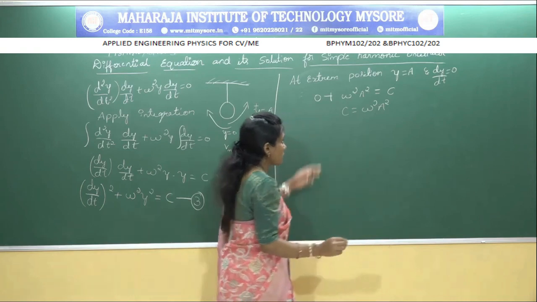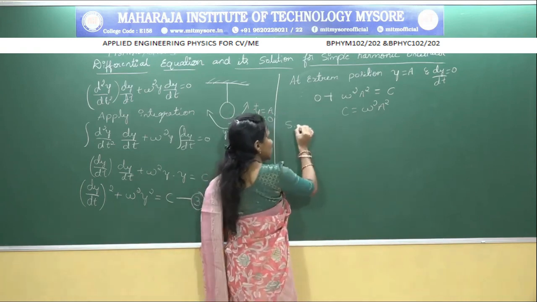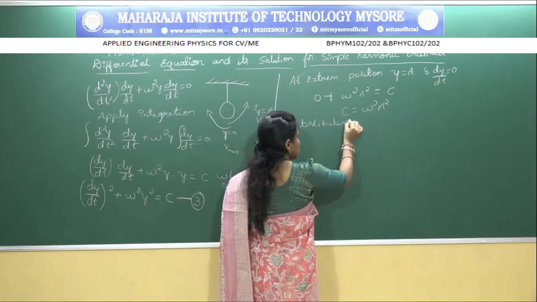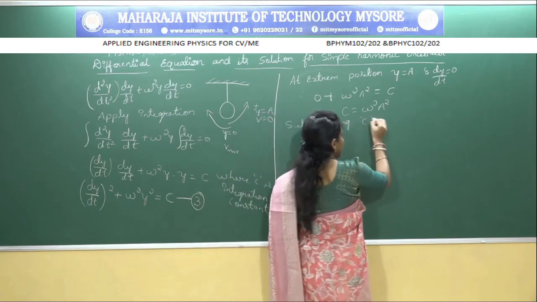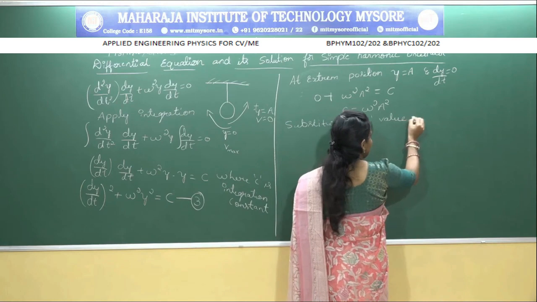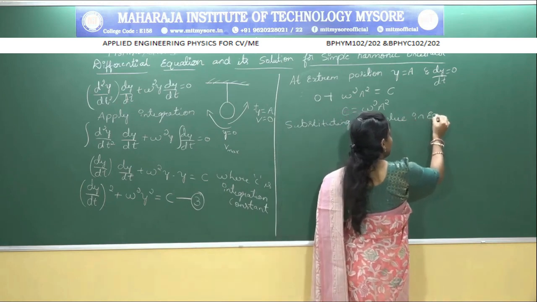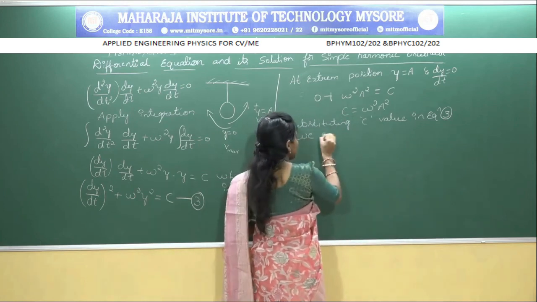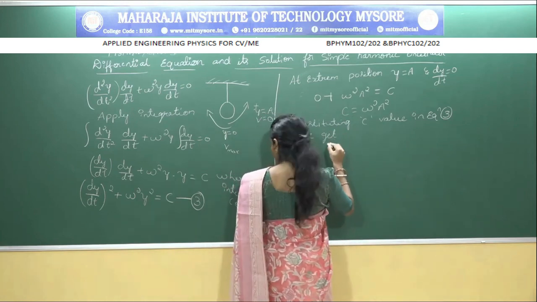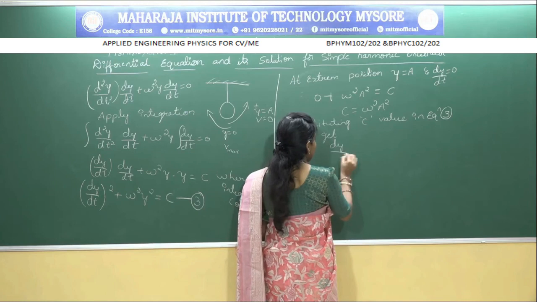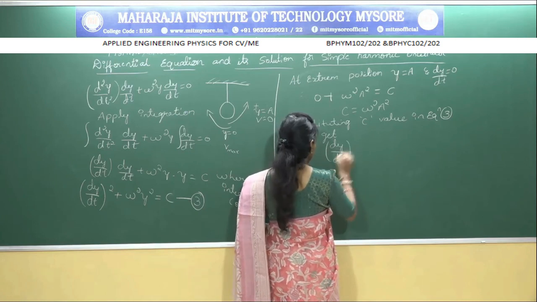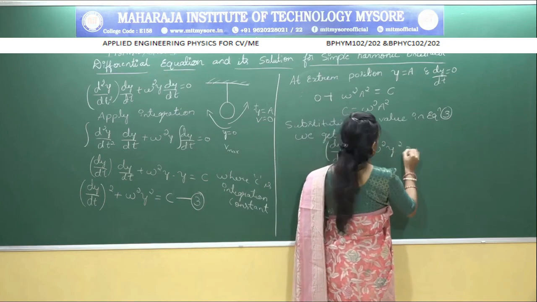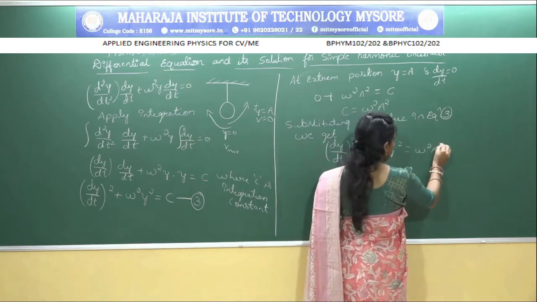Now substituting the c value in equation 3, we get (dy/dt)² plus omega square y² is equal to omega square a square.